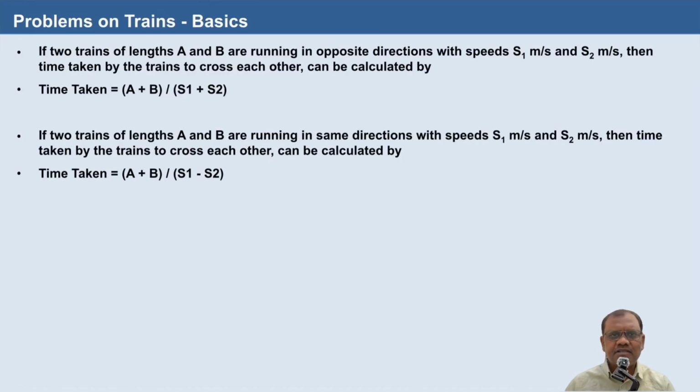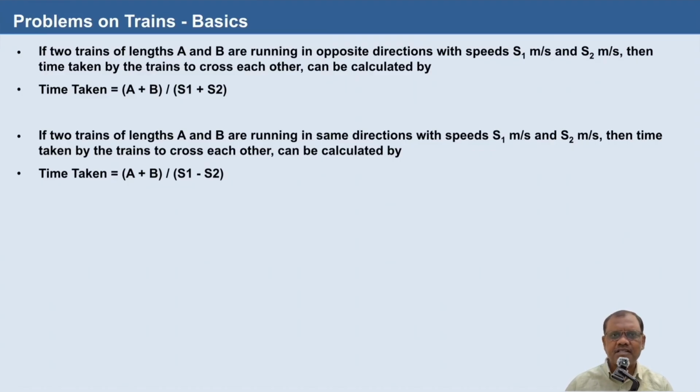If two trains of lengths A and B are running in opposite directions with speeds s1 meters per second and s2 meters per second, then the time taken by the two trains to cross each other is A plus B, the sum of the lengths of both trains, divided by the sum of the speeds, s1 plus s2.